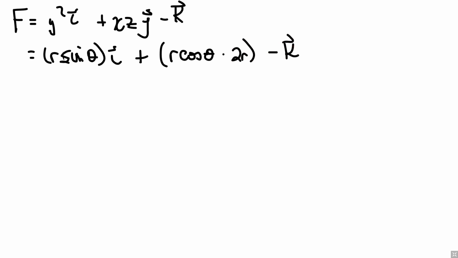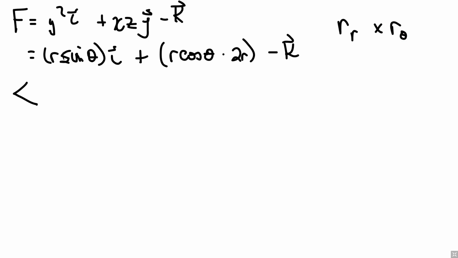So we're basically going to be looking at the dot product of F and the partial of r with respect to r crossed with the partial of r with respect to theta.